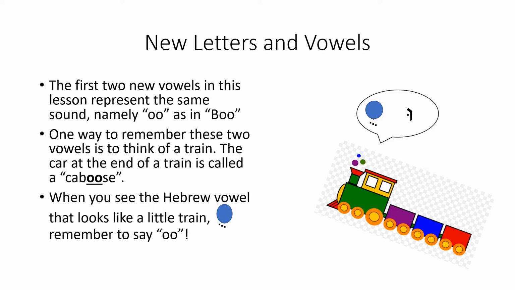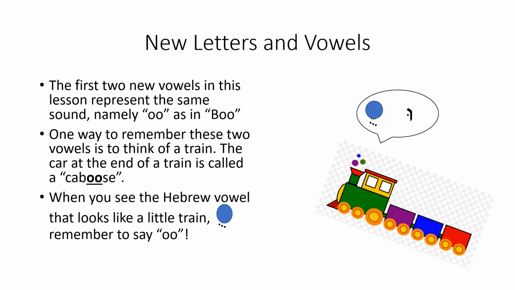The second of the 3 pairs is actually a vowel, and it's represented by 2 different markings. The vowel that you see here represents the sound oo, as in boo.